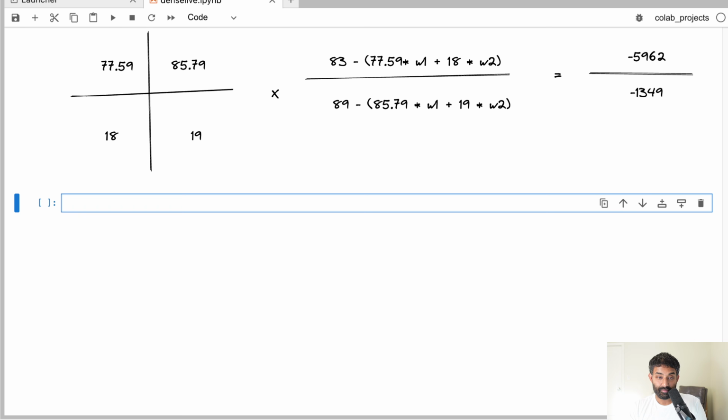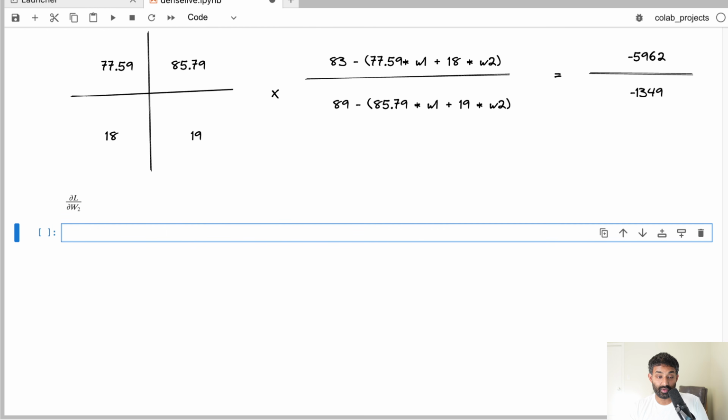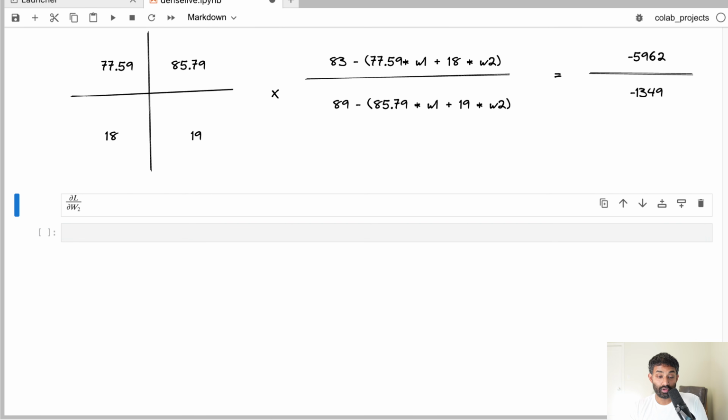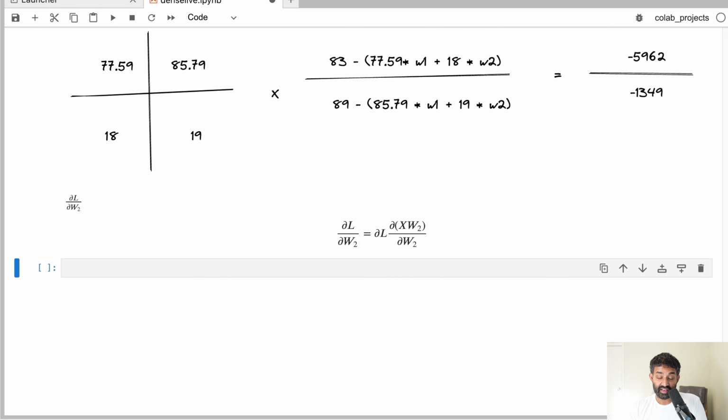So I'll write out the math for you, just in case you don't trust me. So here's what we're doing. We're taking the partial derivative of the loss with respect to the second weight matrix. And due to the chain rule of partial derivatives, how we can do that is by doing this.